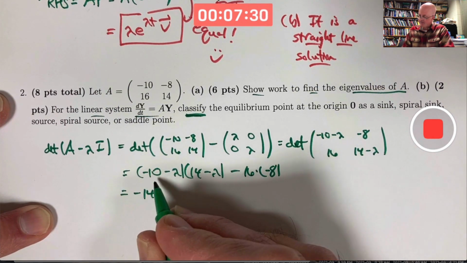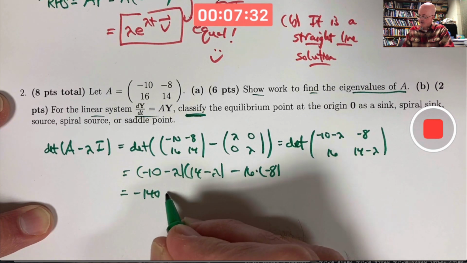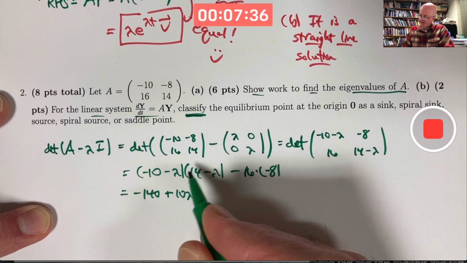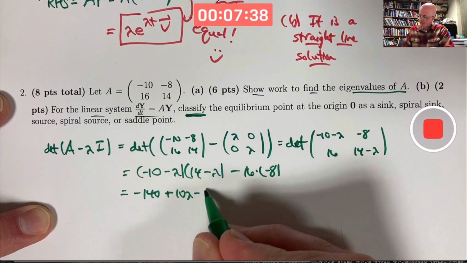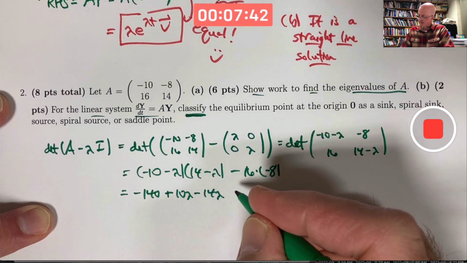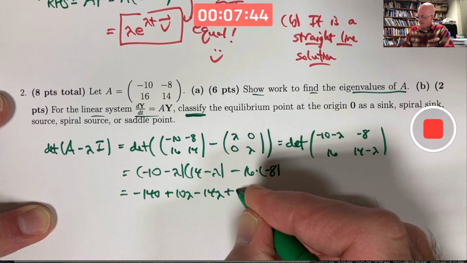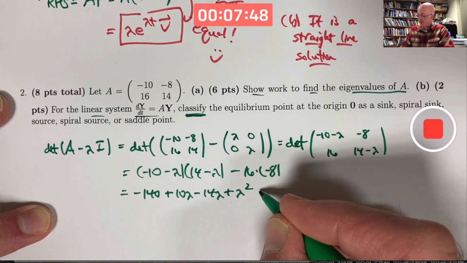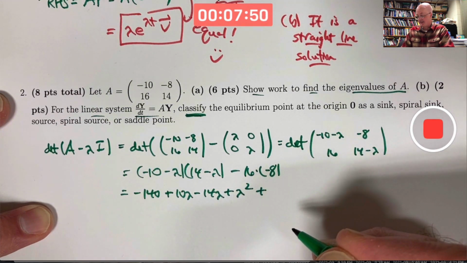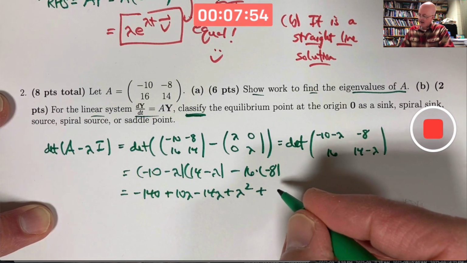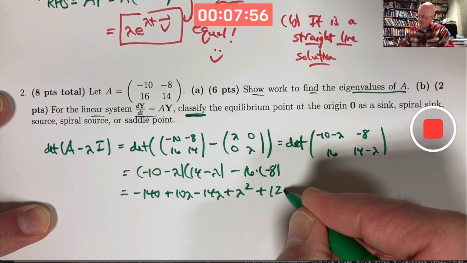Outside times outside. -10 times negative lambda is plus 10 lambda. And then we have inside times inside is minus 14 lambda. And then last times last is negative lambda times negative lambda is positive lambda squared. And then we're also subtracting 16 times -8, which is adding 16 times 8. 8 times 8 is 64, so 16 times 8 would be 128.